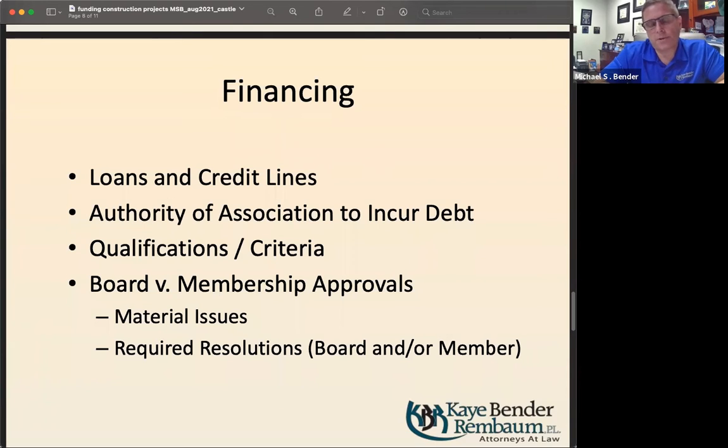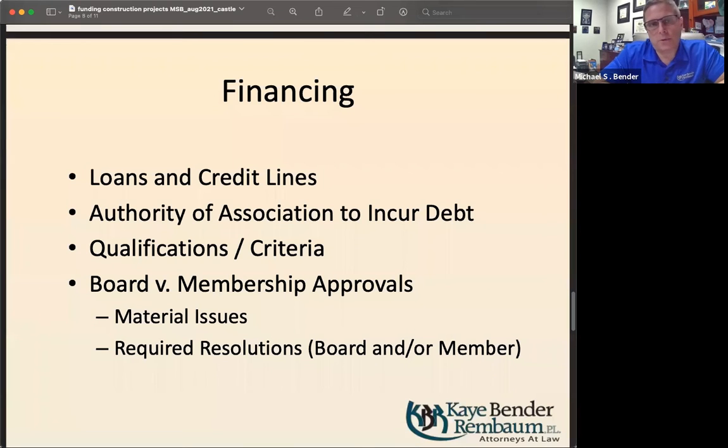As for the authority of the association to incur debt, I believe that if your governing documents do require the membership approval to borrow funds, in my experience, the banks are going to require the membership approval.